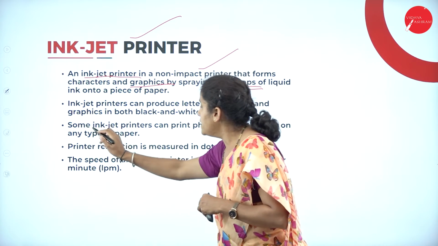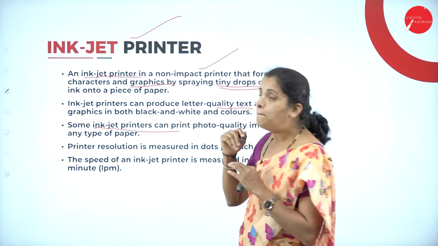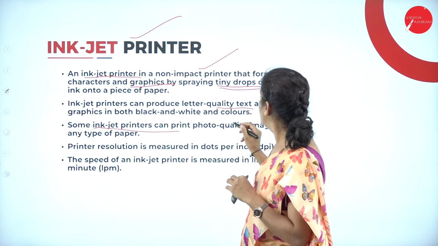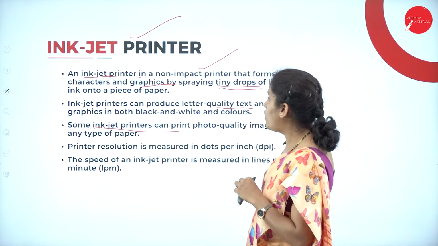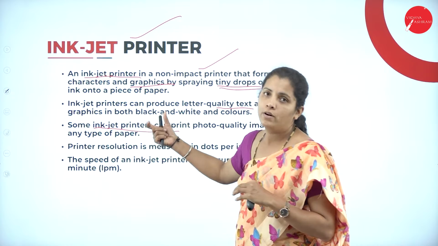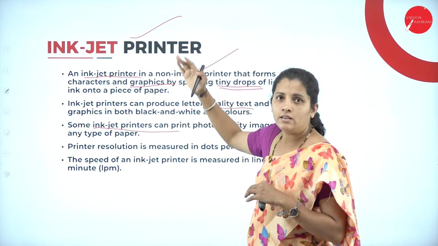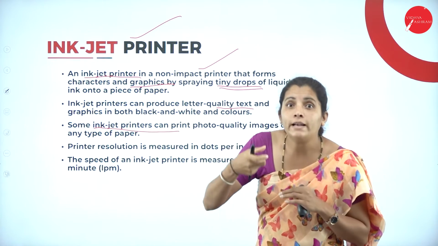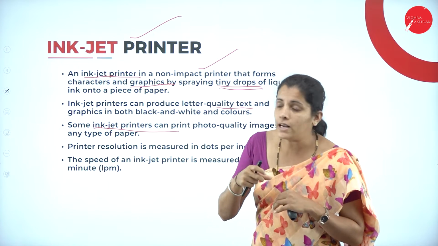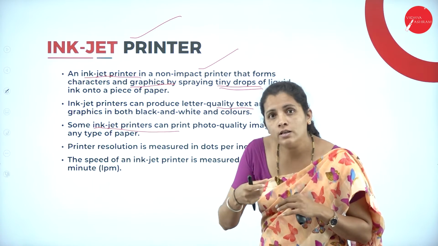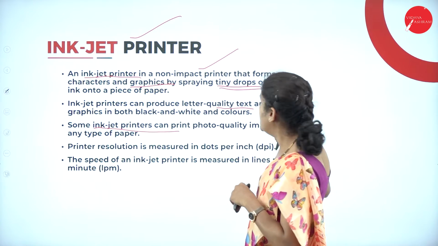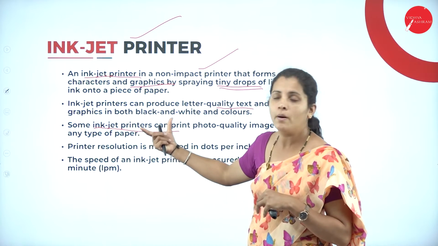Then some inkjet printers can print photo quality images on any type of paper. That means in an inkjet printer, you are going to get better quality of printout, and the printout can be taken on any type of paper.